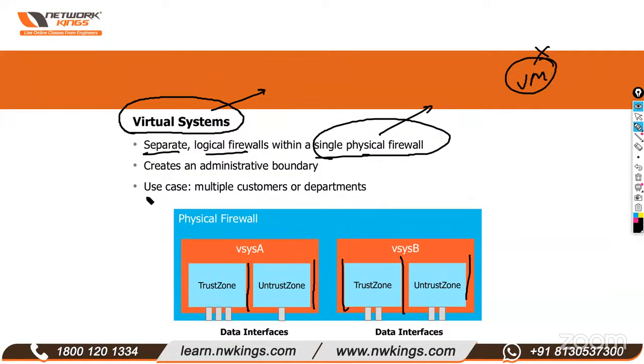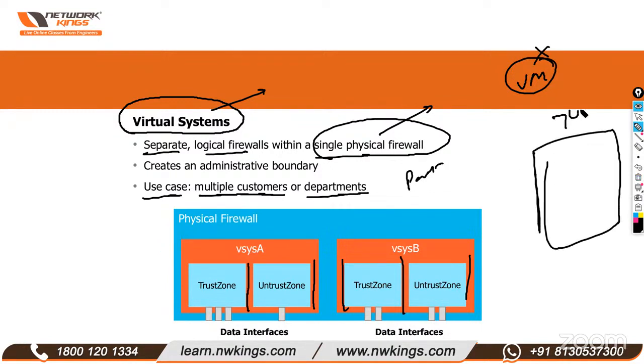Why we do this is because we have multiple customers, multiple departments, multiple partners or something. So if you have a big device like the 700 series kind of firewalls, you can have multiple virtual systems so that you can separate that particular device. Maybe on the 700 series, you can declare this one as a different customer, this is a partner, this is for a department.